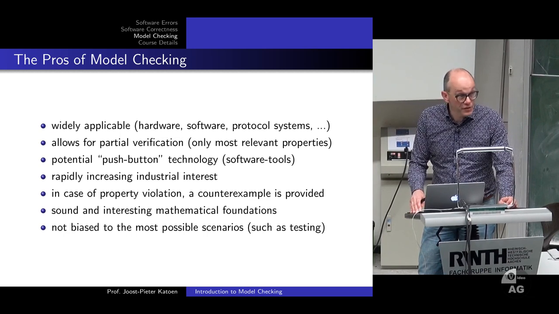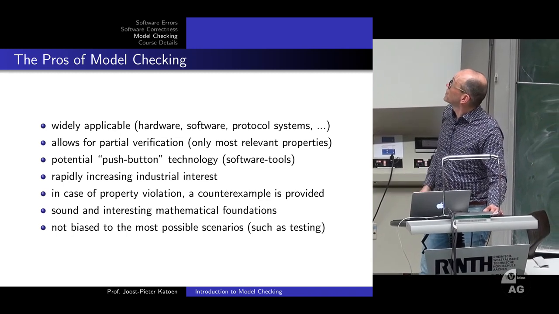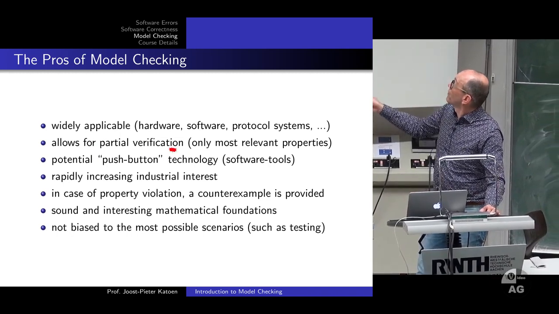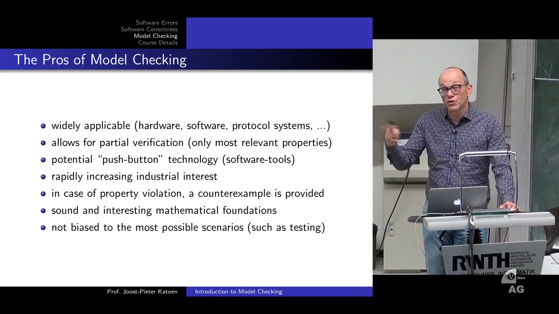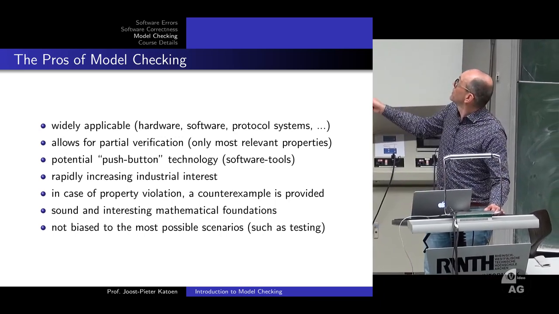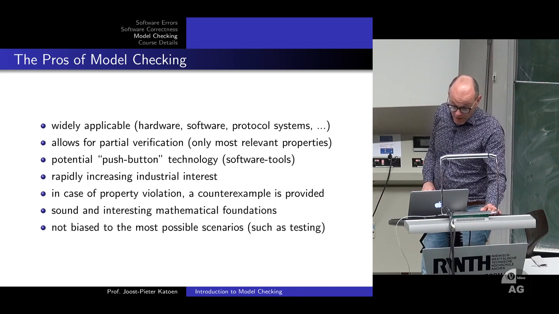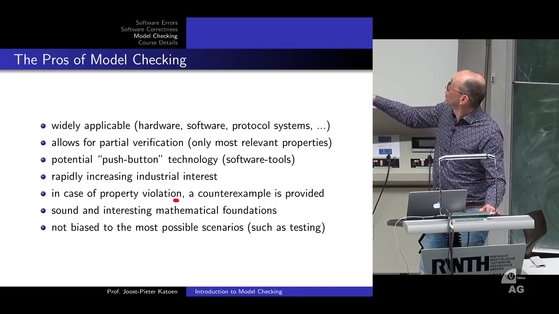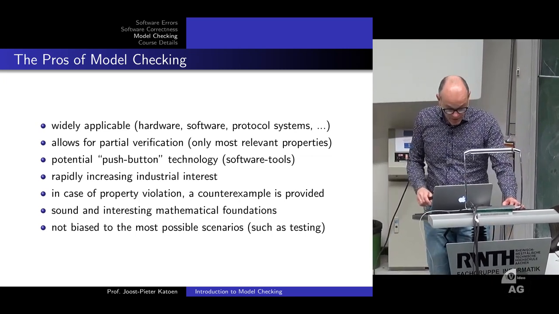It has several advantages, so I listed here some. It's widely applicable, many applications. You can check for what I call partial verification. If two properties are the prime properties, you only check those two, but you don't check the rest. It's potentially push button. It's a rapidly increasing industrial interest. I think the strength is in particular if your property is violated, you get this counterexample.